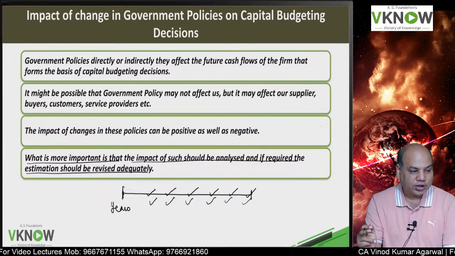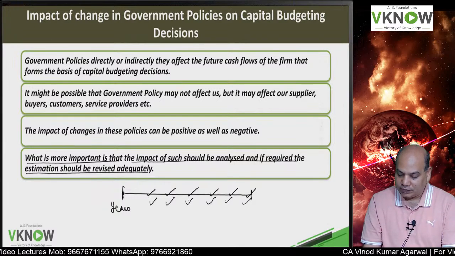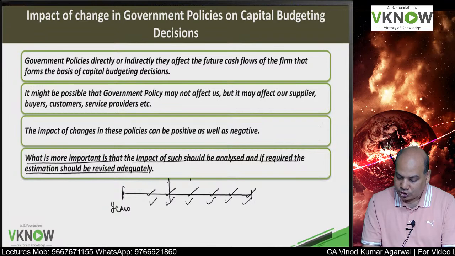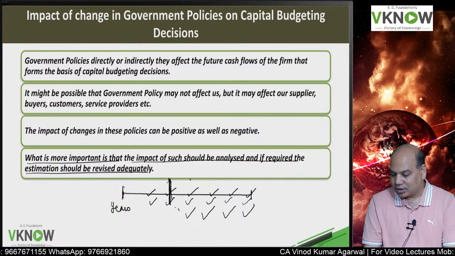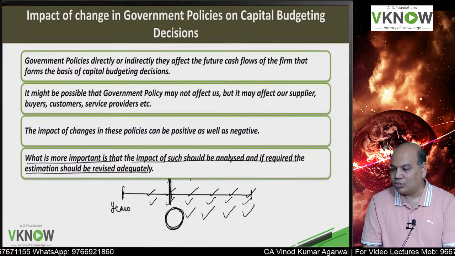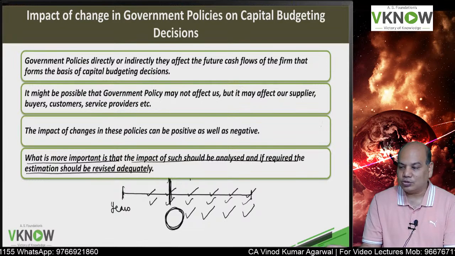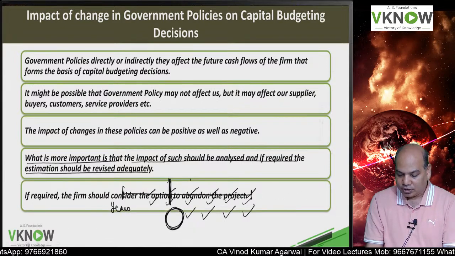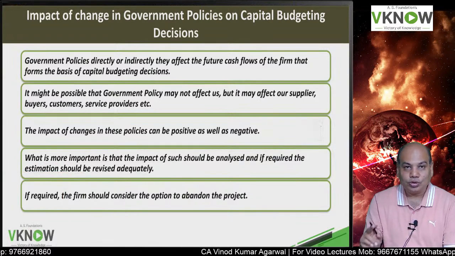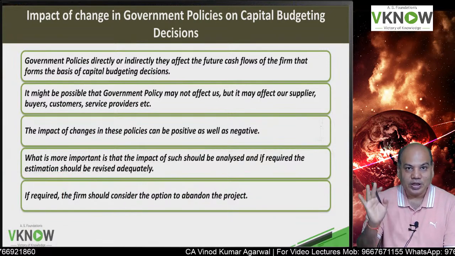Will it be positively affected or negatively affected? And suppose the government policy changes here, again you will have to revise the estimate, compare with your abandonment value here and see whether you should continue or abandon the project. If required, the firm should continue to think about abandoning the project.